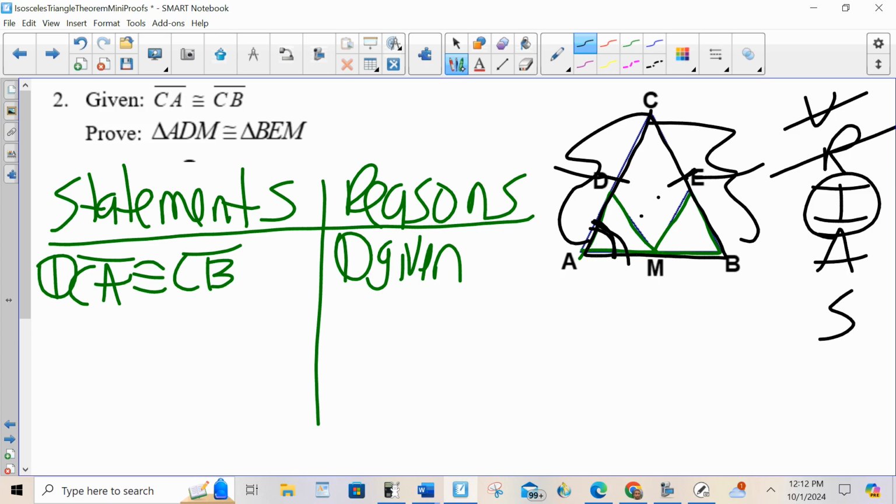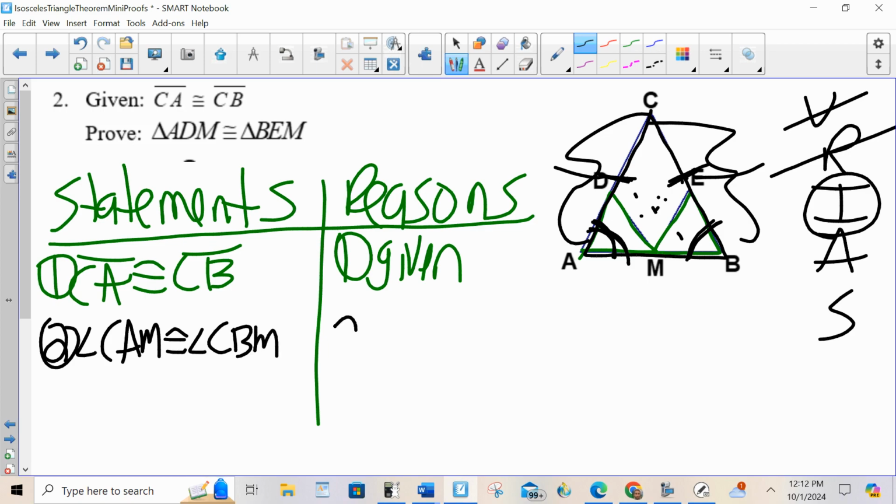If the sides are congruent, then the angles opposite them must be congruent. And are the angles opposite them angles of the triangles I'm trying to prove? Yes. So I can say that angle CAM is congruent to angle CBM. And the reason is isosceles triangle theorem.